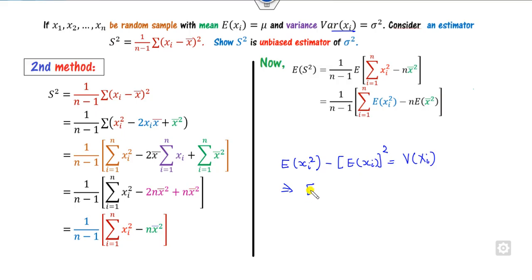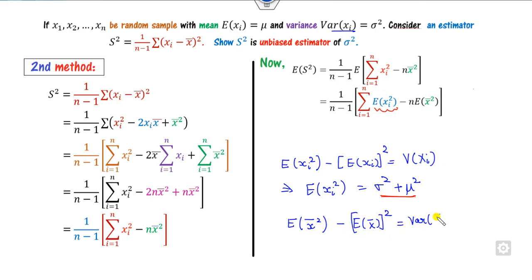So therefore you can say what the expected value of this is. The variance is sigma square, and this is mu square. So I can write it like here. Therefore you can easily see this value is my here. What about x bar? Again, you need the value of E of x bar square. So I use the same formula. This is the variance of x bar.